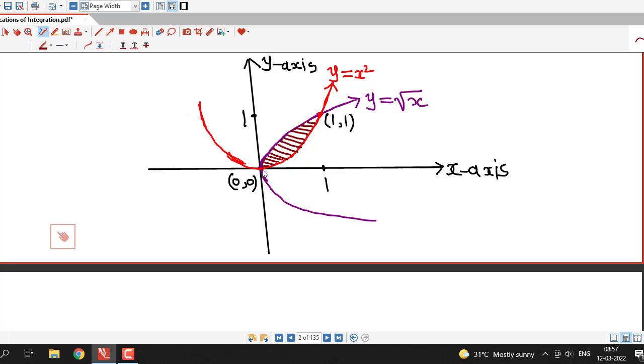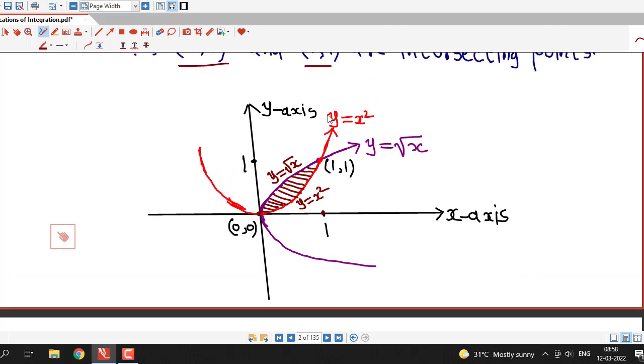This region lies between x equal to 0 and x equal to 1. Here the upper function is y equal to square root of x, and the lower function is y equal to x square. So from the sketch of the region, we will be able to decide which function is the upper function and which function is the lower function.